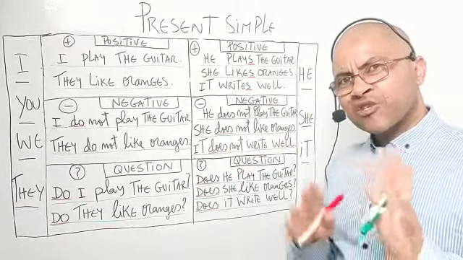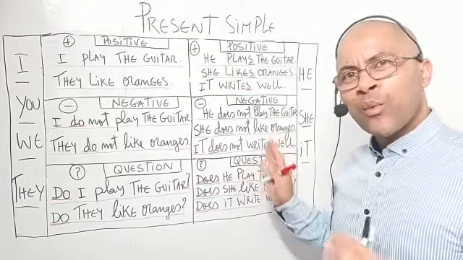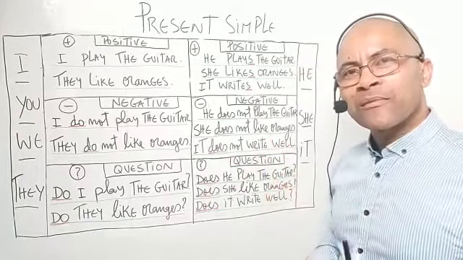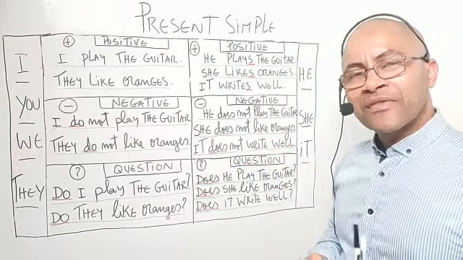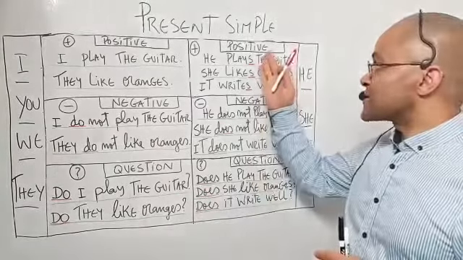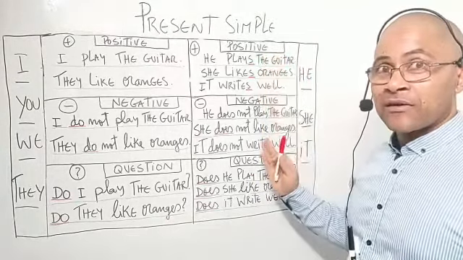But there's something strange here. The verbs went back to their original form. The S disappeared. The S disappeared here.